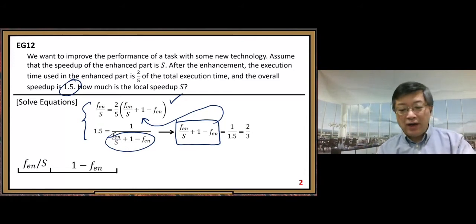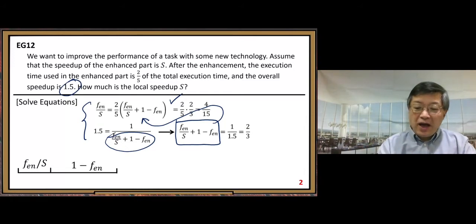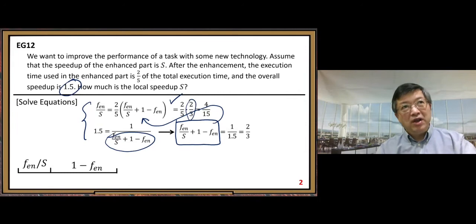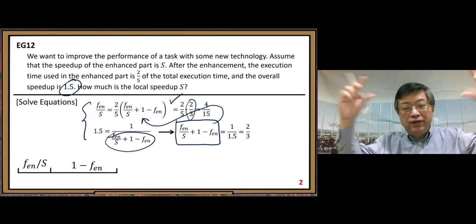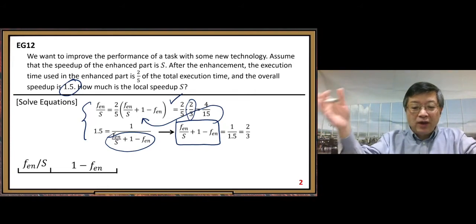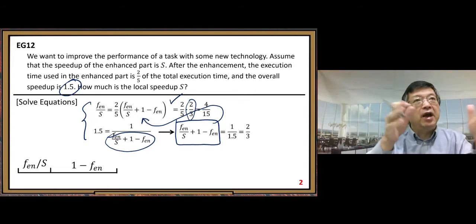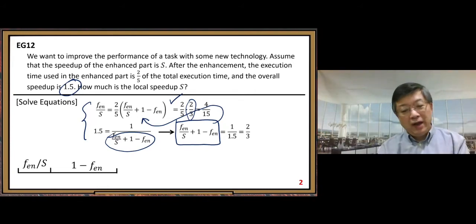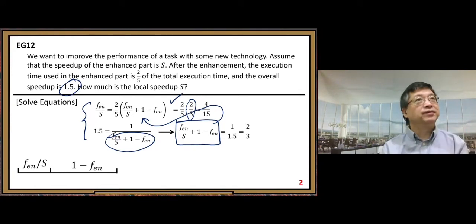Then you can calculate that number, because you can do substitution. Replace that big parenthesis by 2/3. So you get a number, 4/15. That is Fen over S. Fen over S equals 4/15.